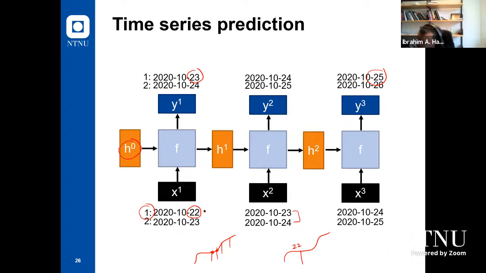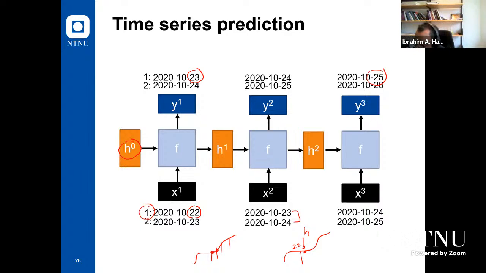I use H0 and the 22nd for predicting 23rd. This is the local value, not global. After that, how can we use this local information, because we already know the actual value at 23rd, and we also have a predicted value?